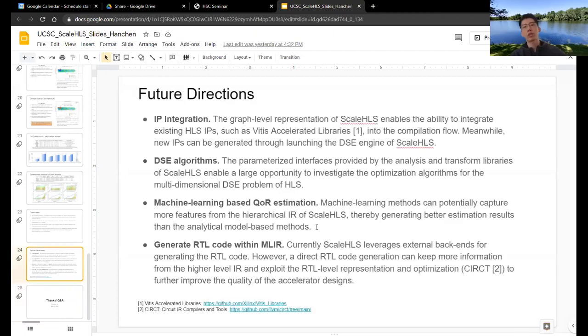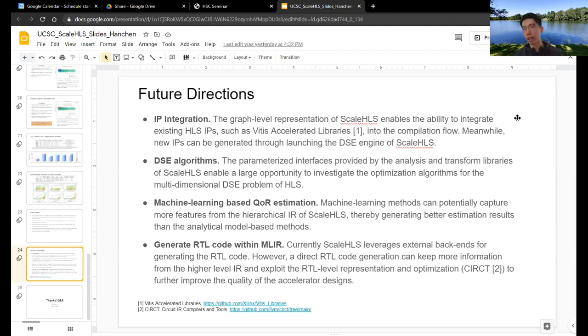Okay. Actually, we are also expecting to improve the compilation time through the MLIR compilation. If you look at the backend part, for example, compiling the RTL design to netlist, Circuit already, I believe, achieved some advantages over the traditional compilation flows in terms of compilation time.